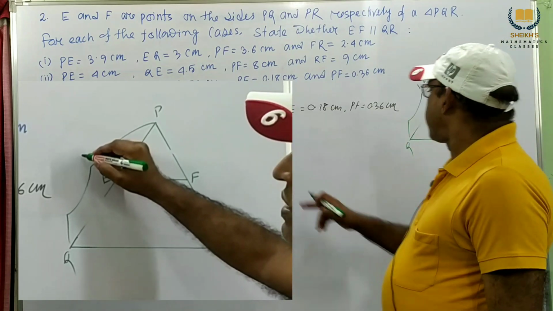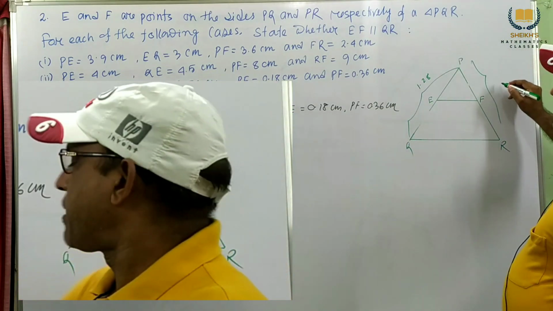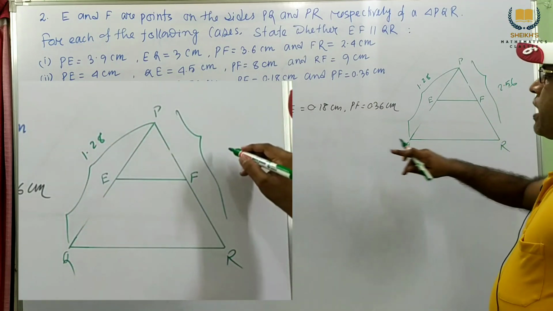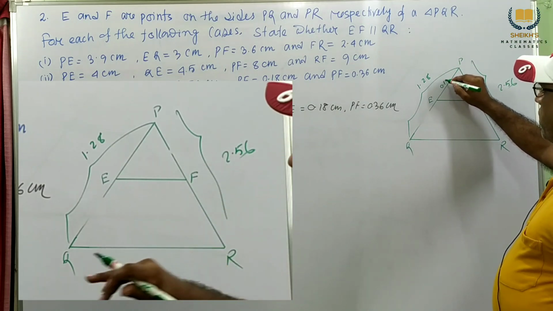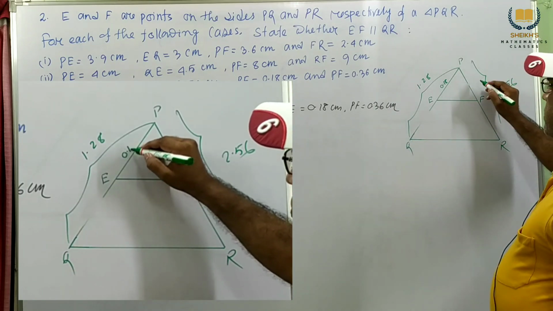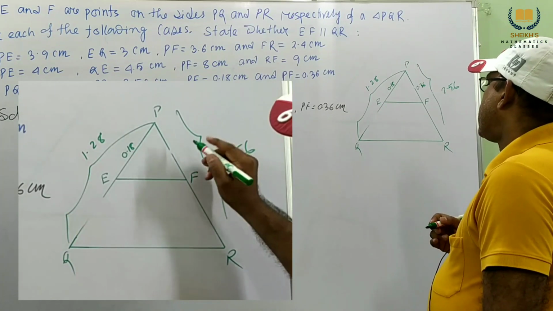Next PR, PR means this, is given 2.56. And this is PE, given 0.18. And PF is given, this is 0.36.